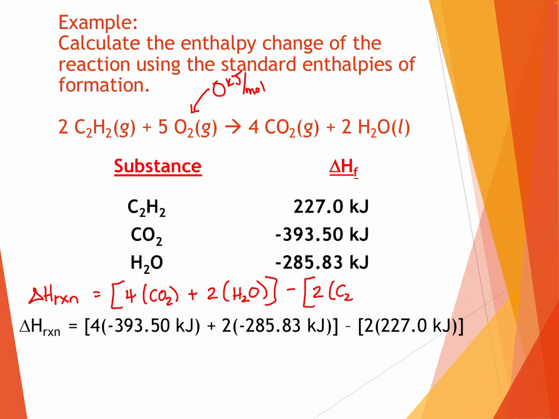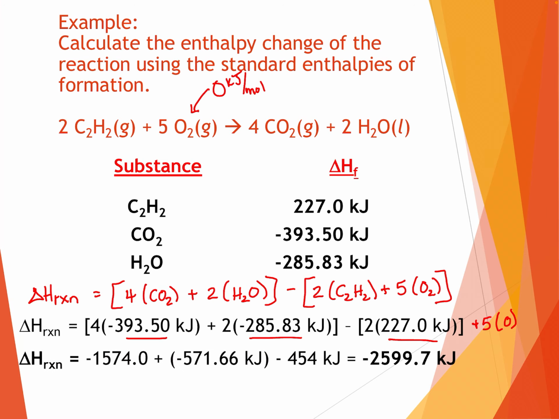So 2 times C2H2 plus 5 times our O2. Okay, so we have 4 times our value for carbon dioxide, 2 times our value for water, and then we subtract our reactants, right? I don't have that 5 O2 because that's times 0, so that's redundant. And then we can just calculate it all together and get our value.